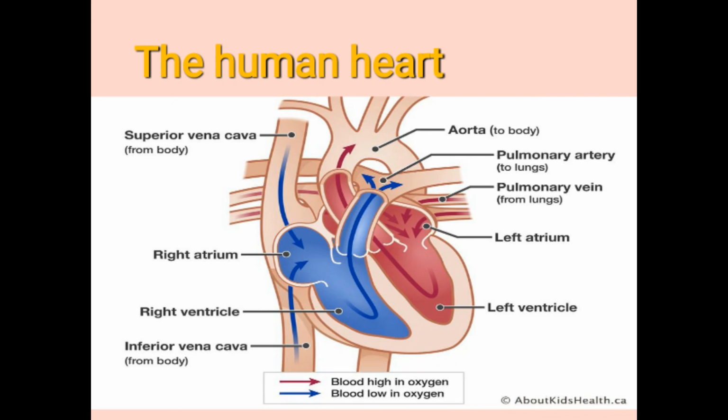Now, once the blood has entered the left ventricle, we are told that the left ventricle, since it is a little bit more circular as compared to the right ventricle, is going to create a high pressure so that this blood which is oxygenated can be pumped to different parts of the body. It is this left ventricle which is able to make sure that blood reaches even the toes.